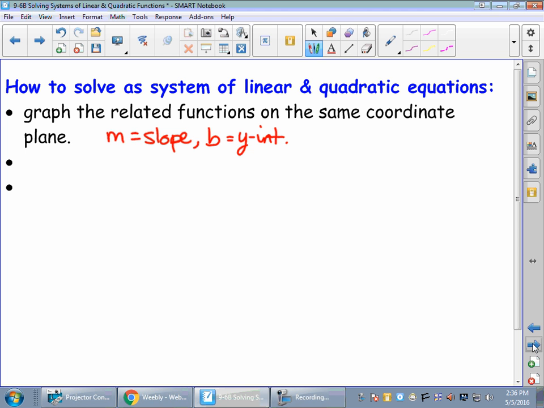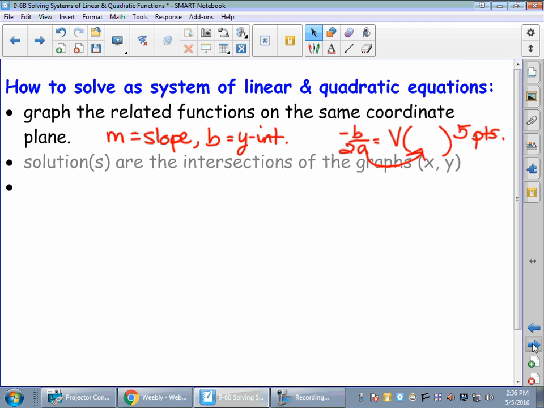You graph your y-intercept and count slope. For quadratics, you've got negative b over 2a, which is the first term of the vertex. You need 5 points, a table of values, just like we did before. So you're going to graph both of them. Your solutions are the intersections. No intersection, no solution.